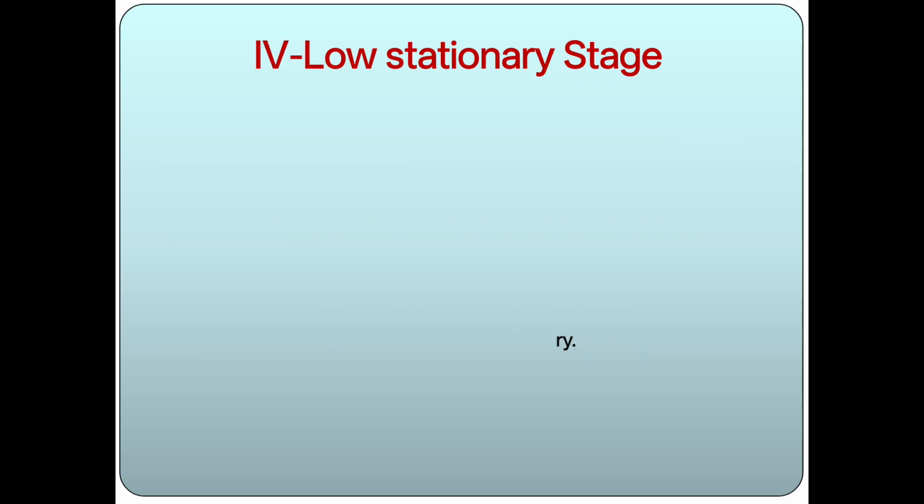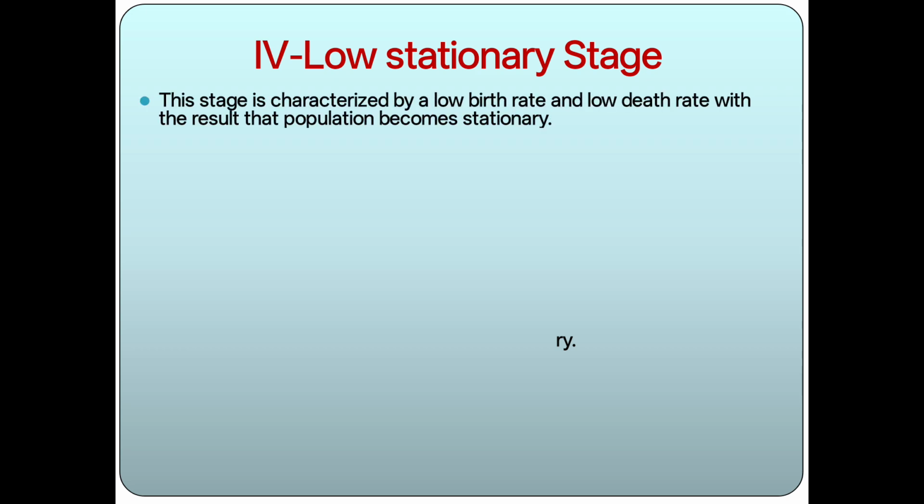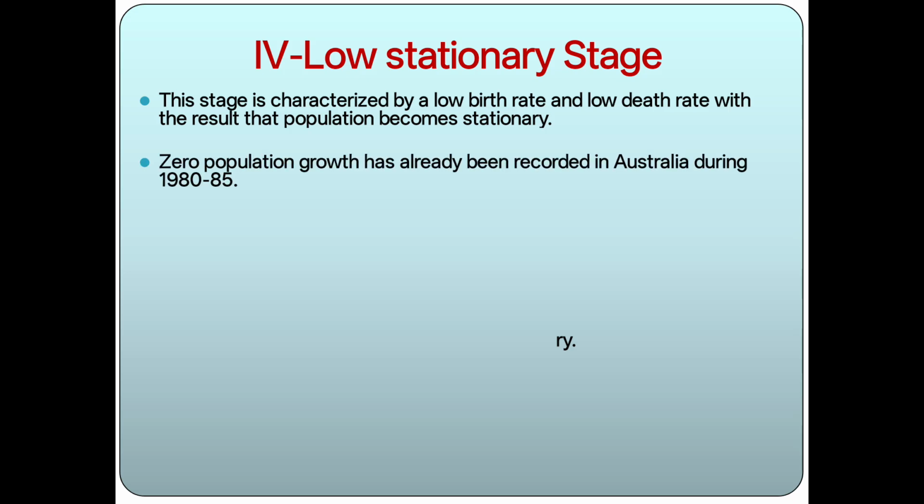Now fourth one, low stationary stage. This stage is characterized by low birth rate and low death rate, with the result that population becomes stationary. So both are low, BR also low and DR. Zero population growth was recorded in Australia during 1985.